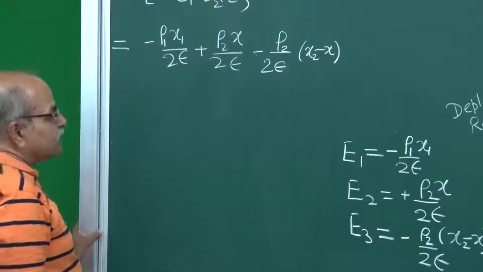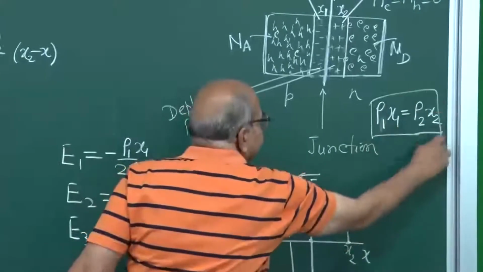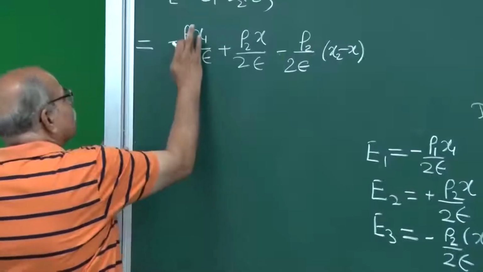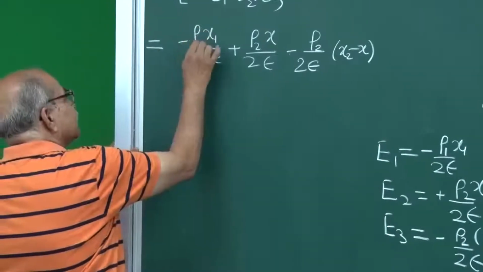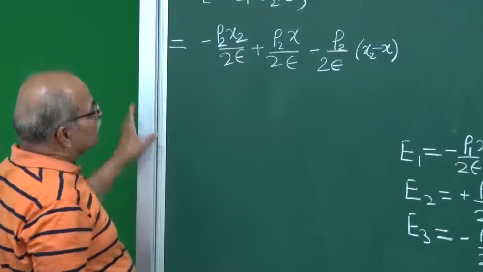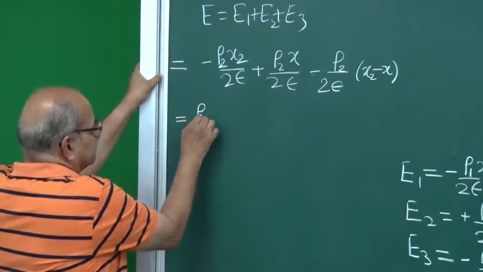And this rho 1 x1 I can write as rho 2 x2 from here. So I can just replace it here itself: this is rho 2 and this is x2. So you see rho 2 over 2 epsilon is common.